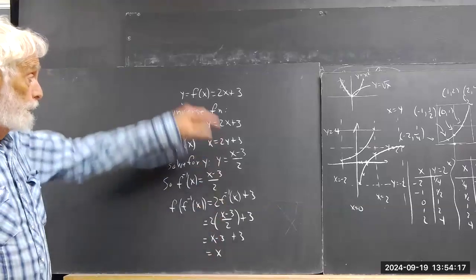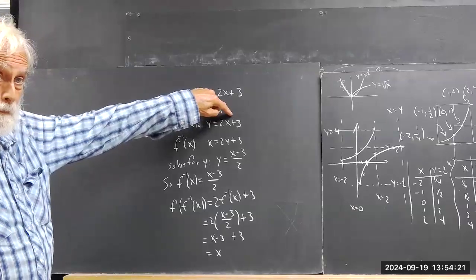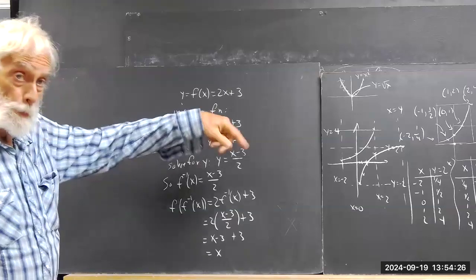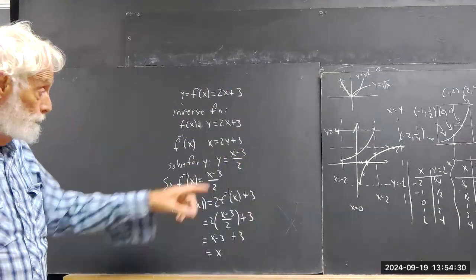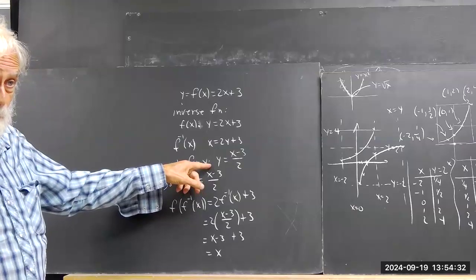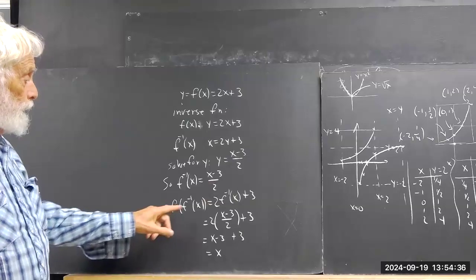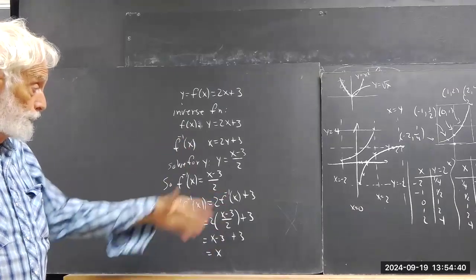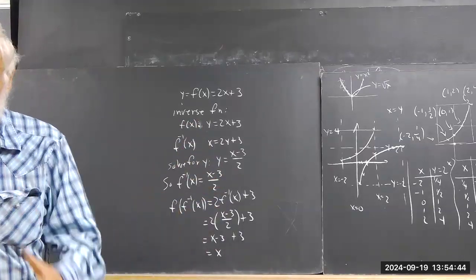So if you take a function, write it as y equals, switch x and y, and solve for y, which sometimes is impossible, but the ones you're going to see, it's possible. Solve for y, and say that's your inverse function. And then do f of f inverse of x, just using function notation and composite functions, as I think you're pretty good with right now.